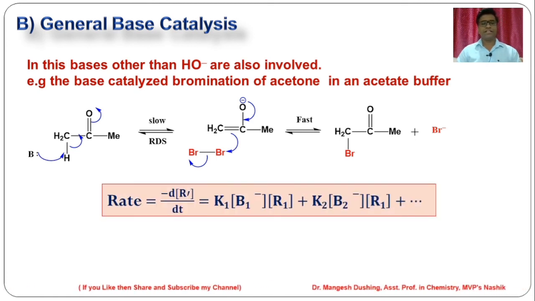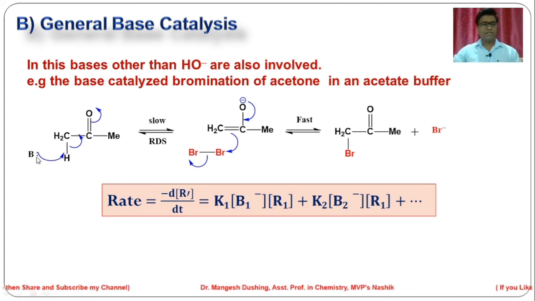In this reaction, the rate is equal to, now here base 1 is whatever base is used to abstract this alpha proton, and secondly, whatever the second base is that catalyzes the reaction.